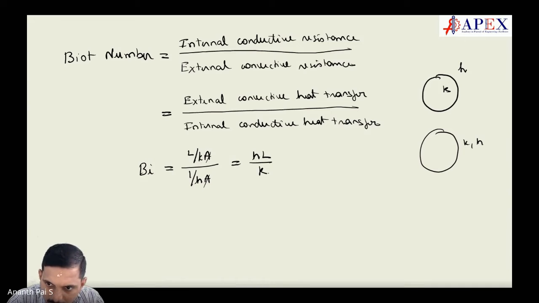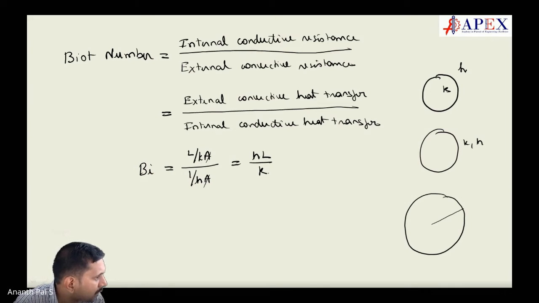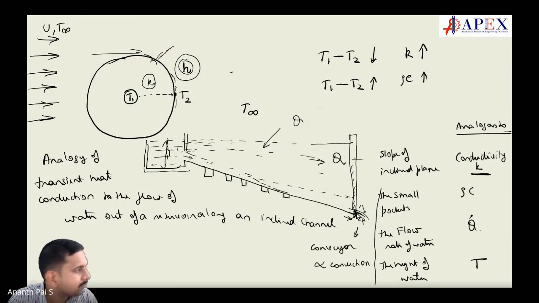If K becomes more, then what happens? The water will reach there, but the hole here is smaller. It takes more time to go out, so it will build up here. The difference between the height in the reservoir and the height at this end will keep on reducing.